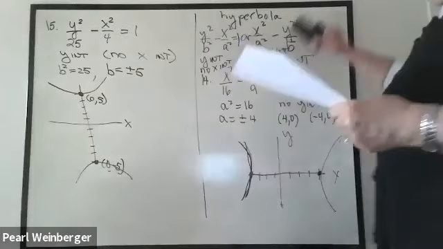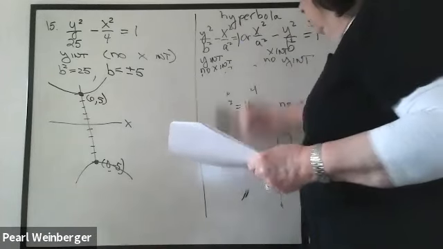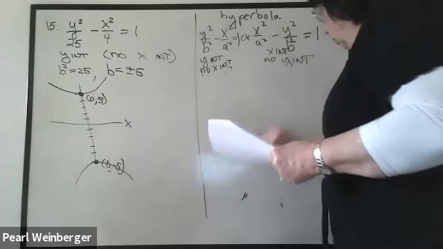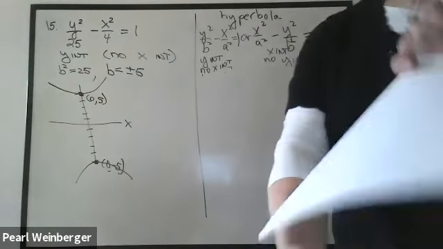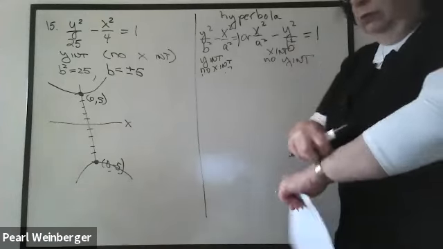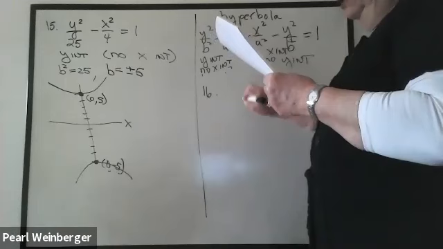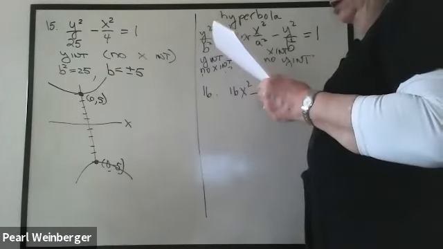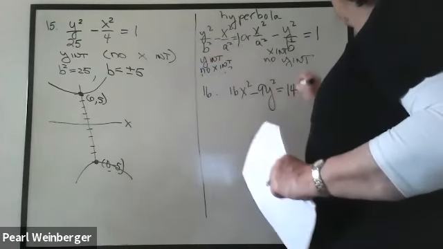In terms of number 16, we were given that 16x² minus 9y² equals 144.